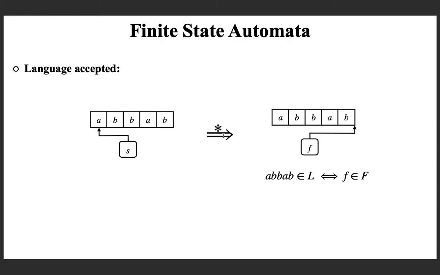That is, after finitely many moves, 0 or more moves, the input is completely processed and you are in a state F, which is a final state. So the input is in the language if and only if when you finish reading the input, you are in a final state. So that is the acceptance criteria.